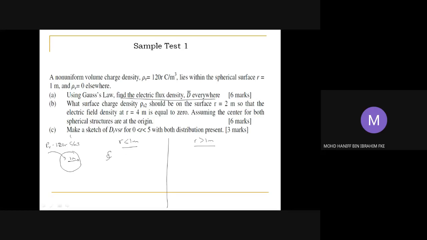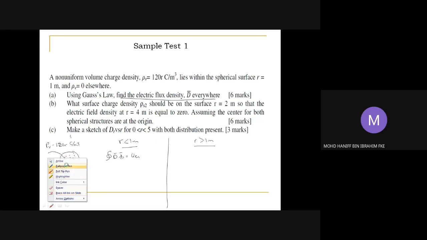So use Gauss's law: the integral of D dot dS equals the enclosed charge. For this particular case, we need to sketch the Gaussian surface as usual, for the region of radius less than 1 meter. That should be our region of interest, the red colored sphere, with r for the region less than 1 meter.